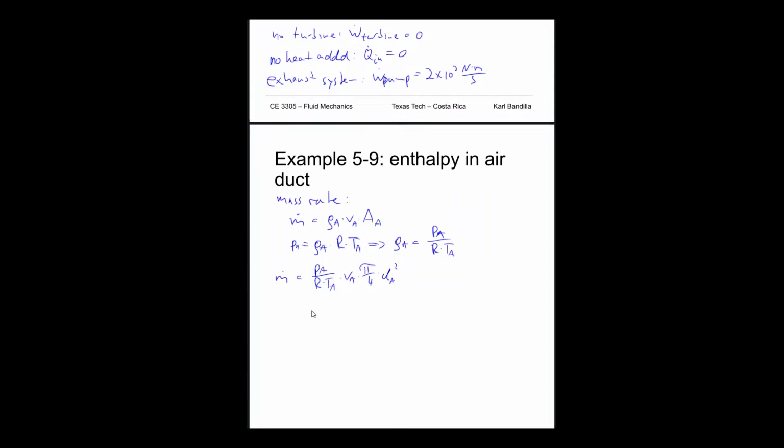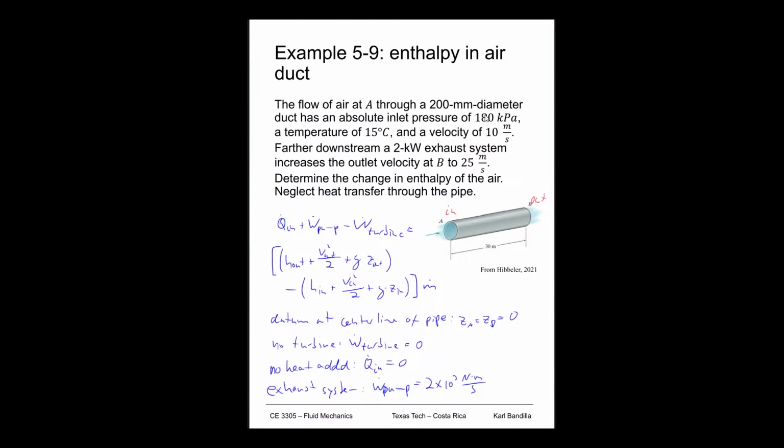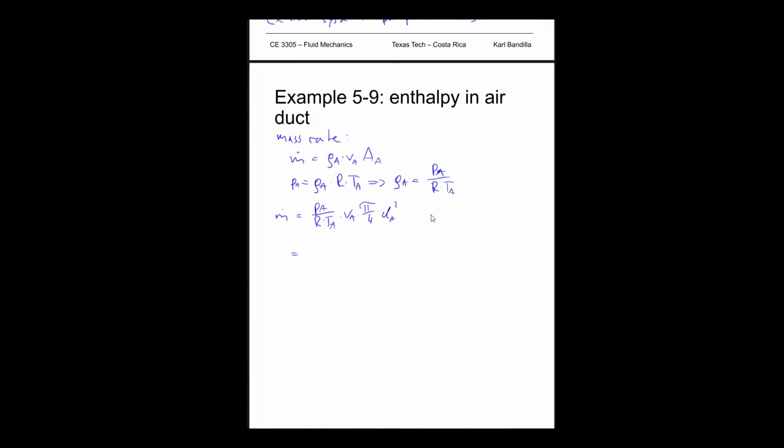All right, I think we have all those values, so let's plug them in. Our P at the entry point was 180 kilopascals. So that'd be 180 times 10 to the 3 Newton per meter squared. R for air is 286.9 Newton times meter divided by kilogram times Kelvin. Right, joule is Newton times meter.